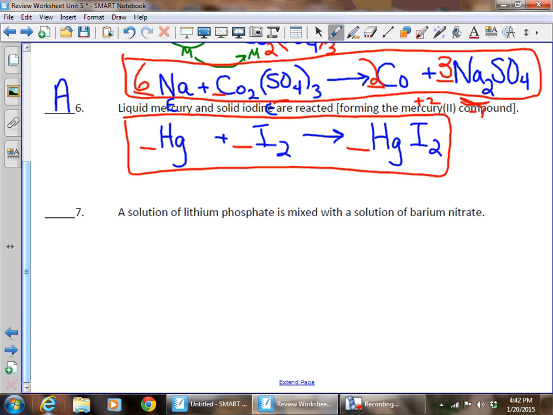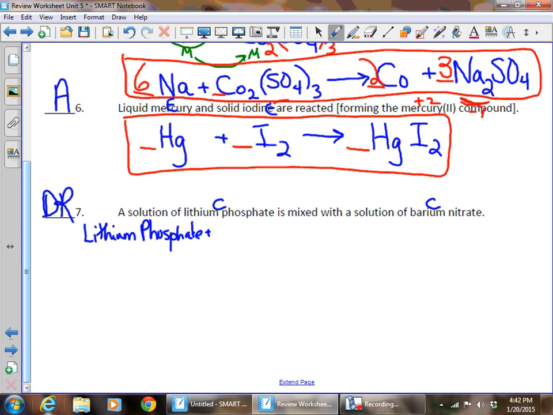Finally, for the last one, I've got a solution of lithium phosphate with barium nitrate. Both of them are compounds. Looks like this is double replacement for my type of reaction. So double replacement, I think, will be easier for you if you just write out the words first.